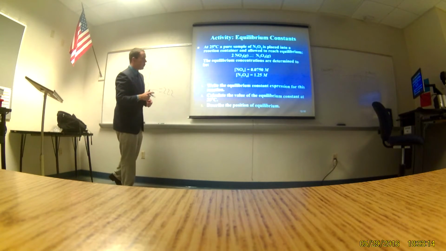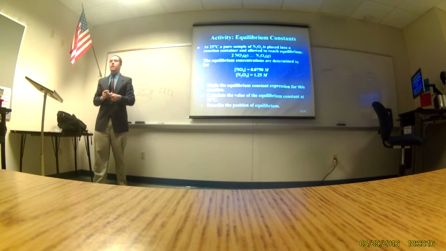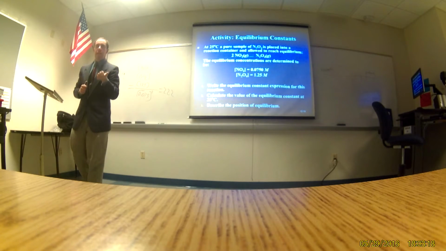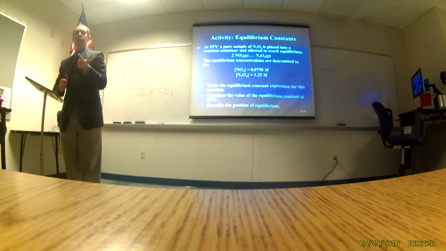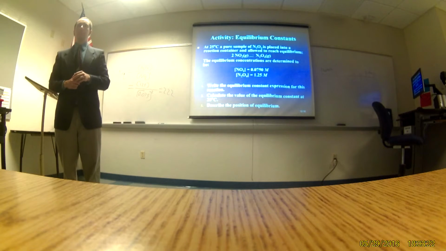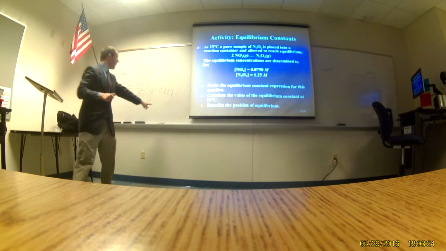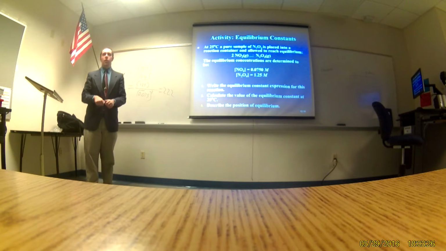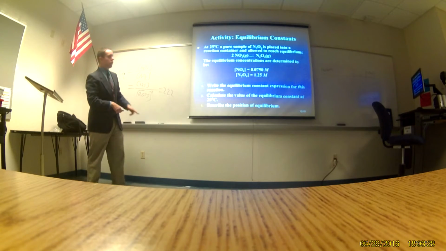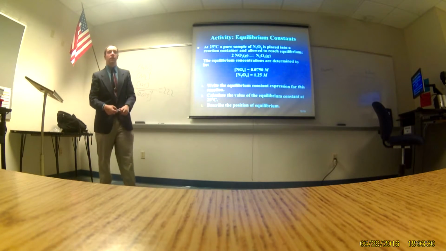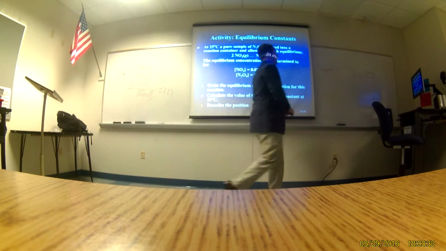So if we get 222, is it reactant favored, product favored, or neither? Product favored. Product favored gives you more than 1. 222 is definitely more than 1. So we did product favored.